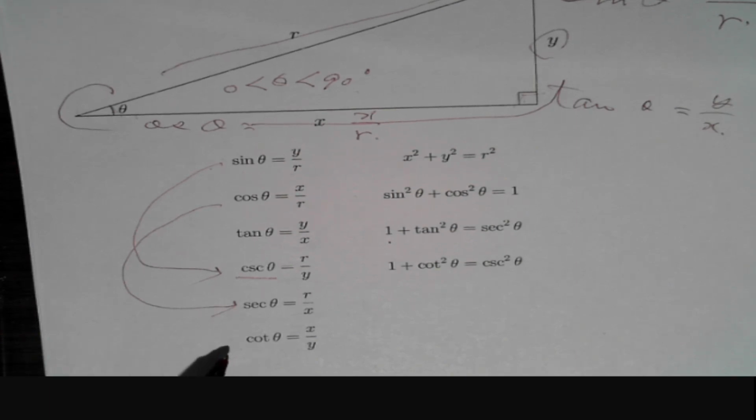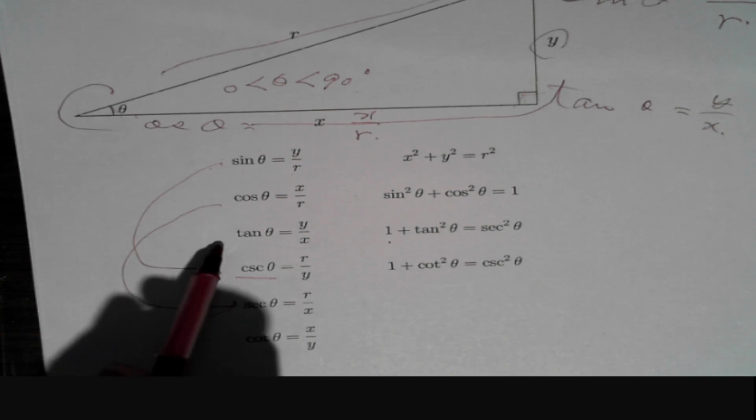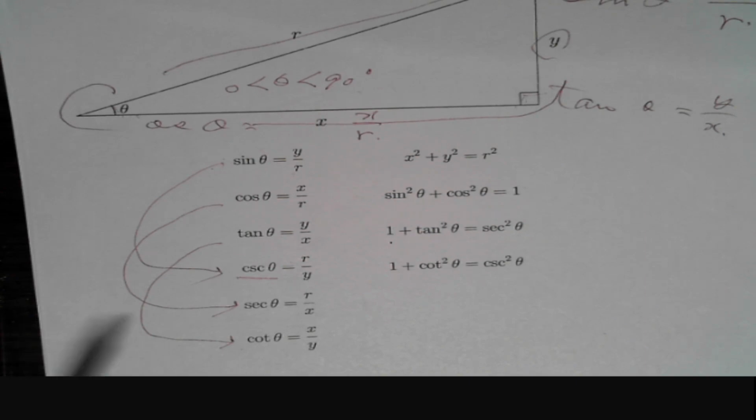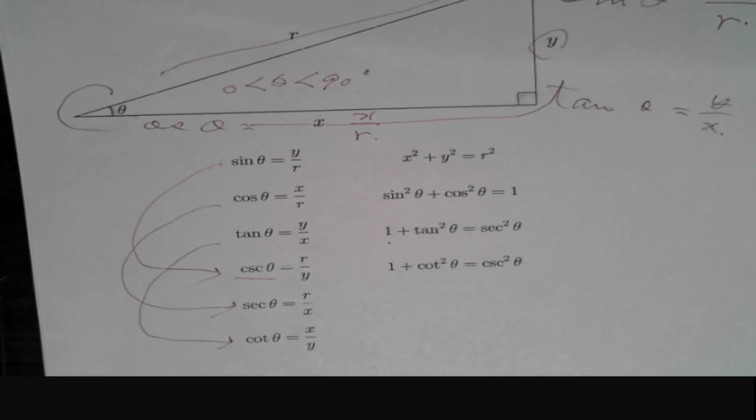Cotangent, reciprocal of tangent. Okay, this is a very basic definition. Just like when you study English, you need to memorize the alphabet A, B, C to Z.